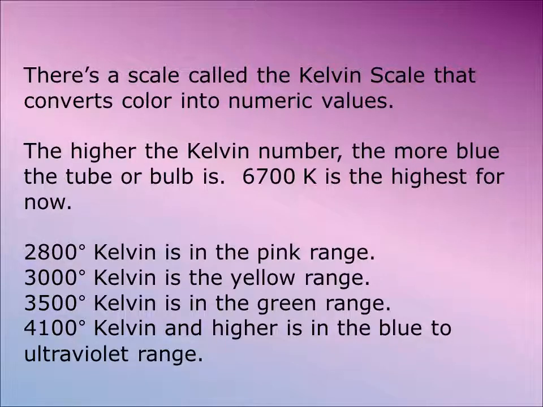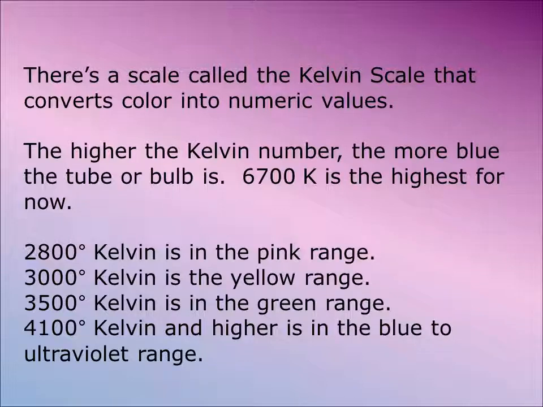So let's look at what colors are our friends and what colors are not our friends. 2800 Kelvin is the pink range, and you can find many bulbs, tubes, and LEDs in this range. Sometimes it's difficult to find them, and you have to settle for 3000 Kelvin, which is just a little more toward the orange side, but it's all friendly.